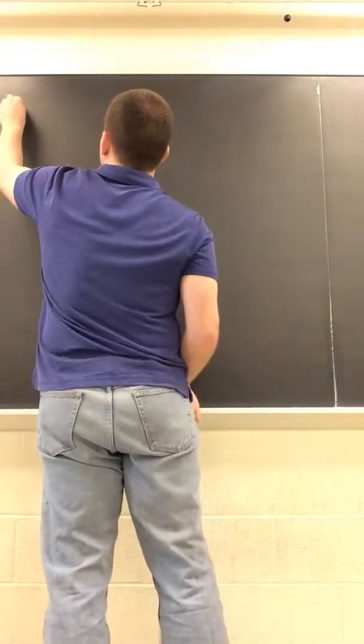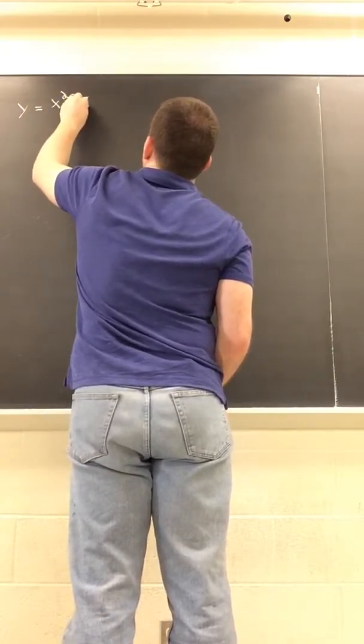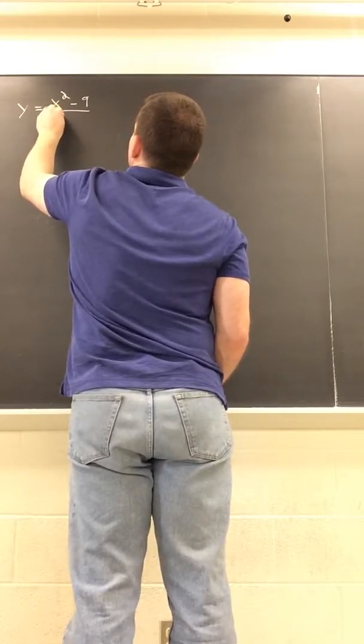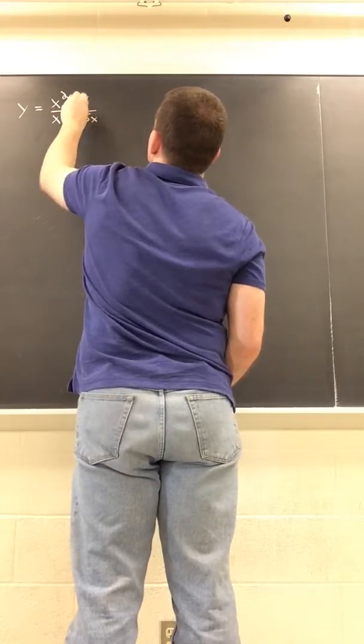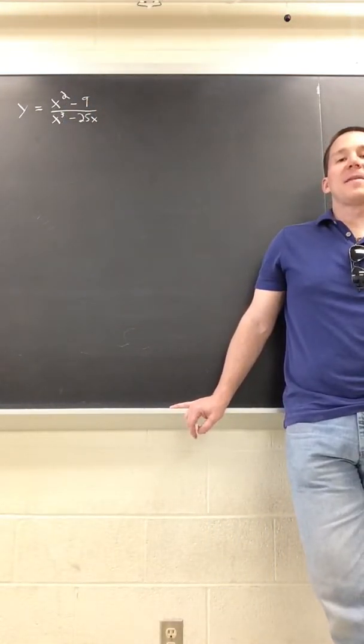So, suppose we have this: y equals x squared minus 9 all over x cubed minus 25x. We want to graph that. The first thing we have to do is factor the top and bottom.